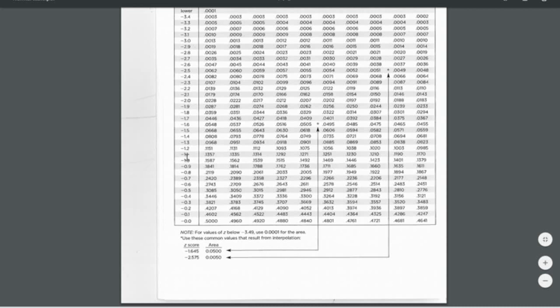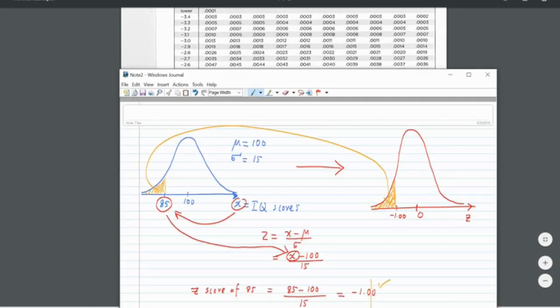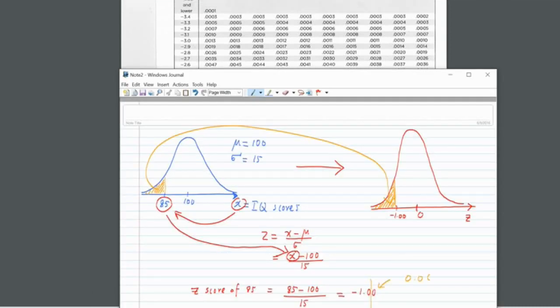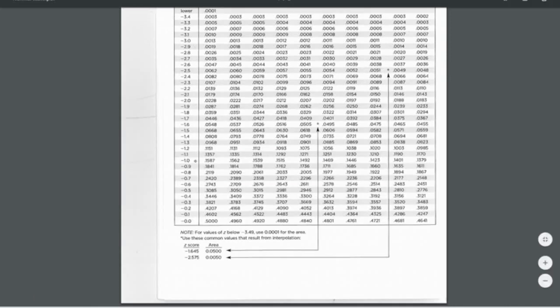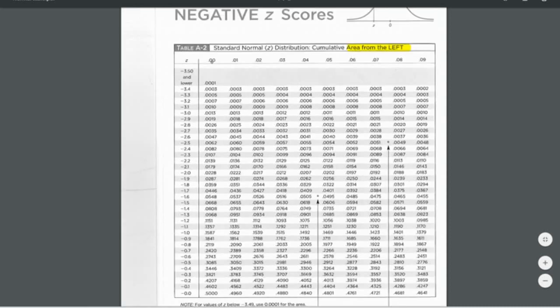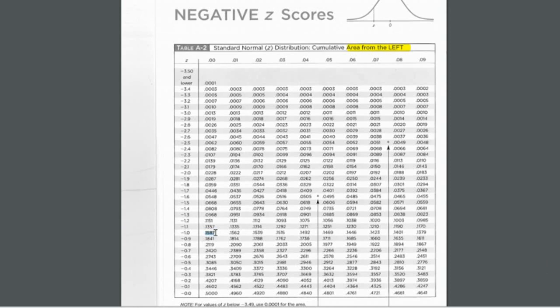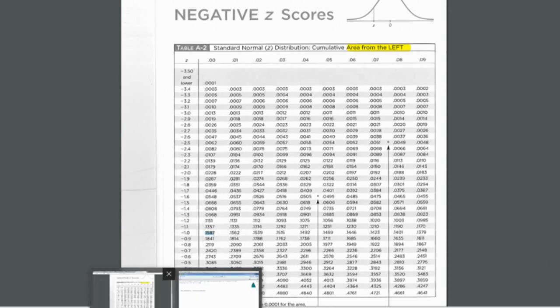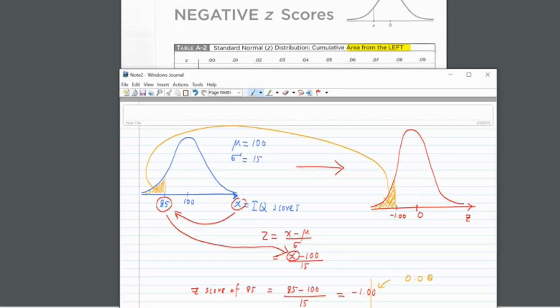The last digit is 0, so this is like 0.00. So this is -1.0, and this column is 0.00. The probability is 0.1587. So that area is 0.1587.